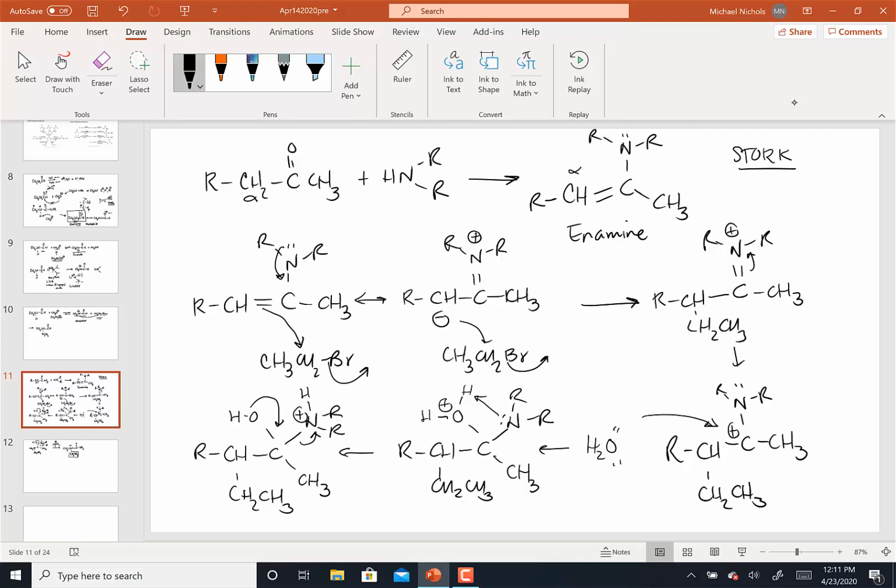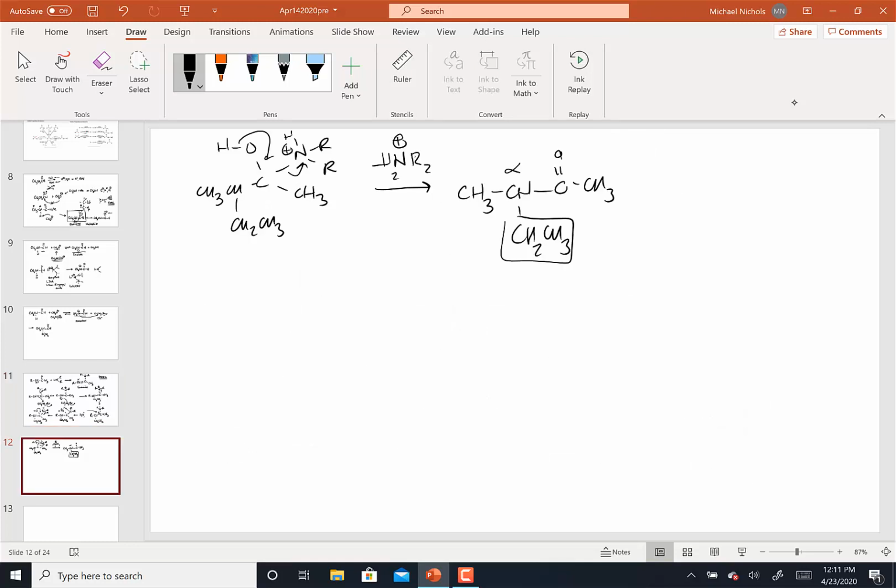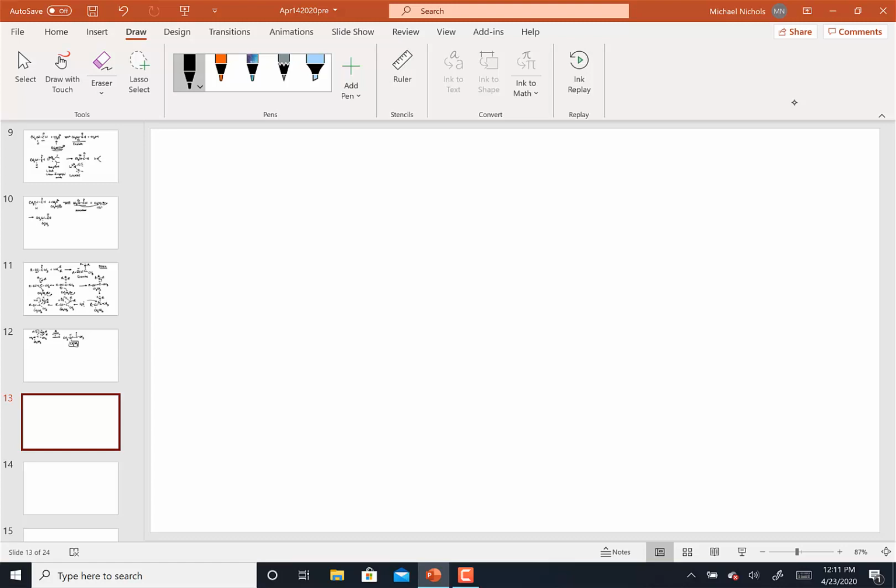So the last reaction that I will talk about then is, what else can we use enolates for? And the last thing that we will talk about in this lecture is, let's make a ketone. And for the sake of argument here, let's make the ketone symmetrical.